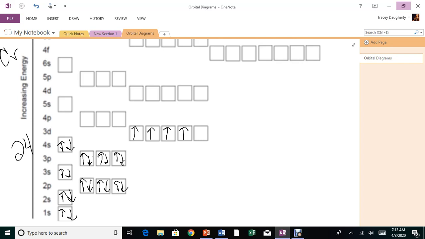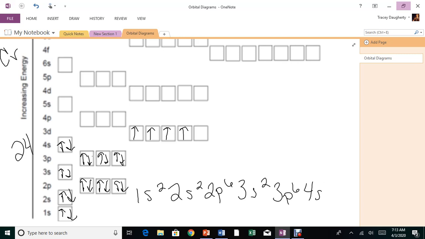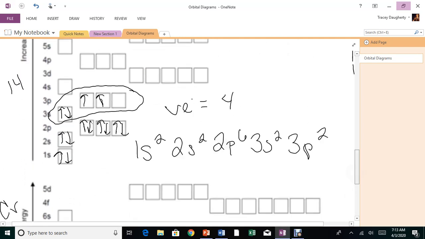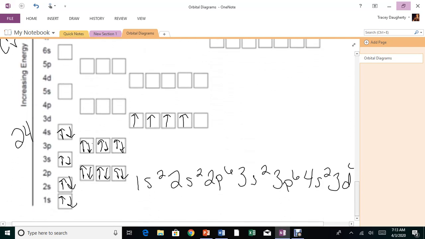And that's an up arrow. So then your electron configuration is 1s2, 2s2, 2p6, 3s2, 3p6, 4s2, and 3d4. Now, the valence shell, d orbitals are tricky.